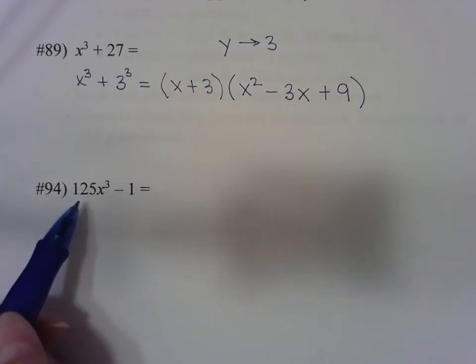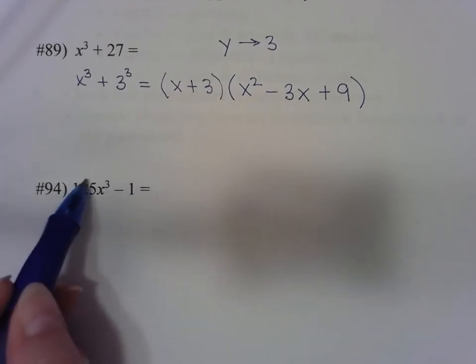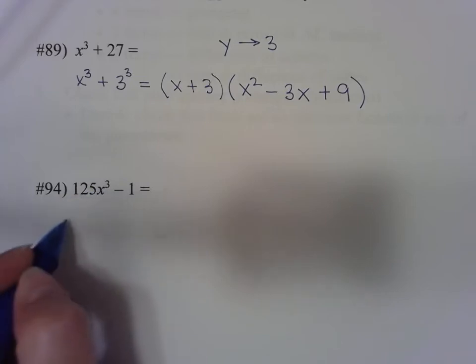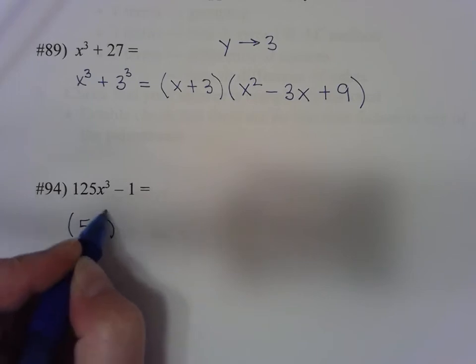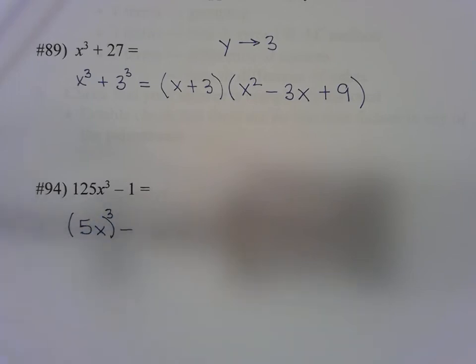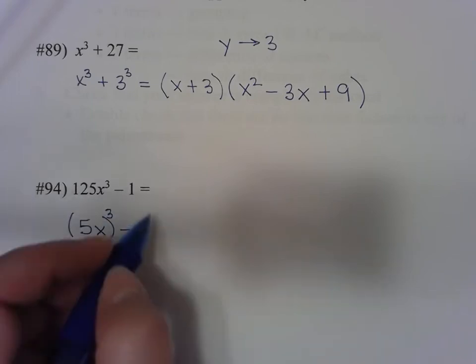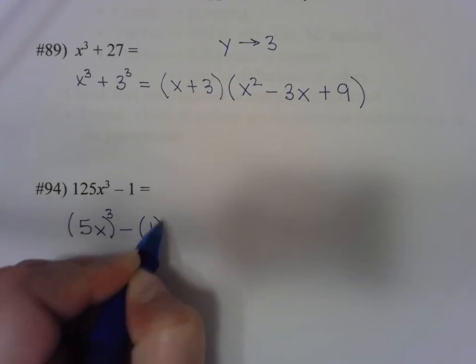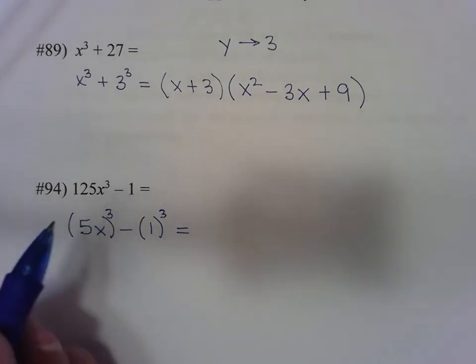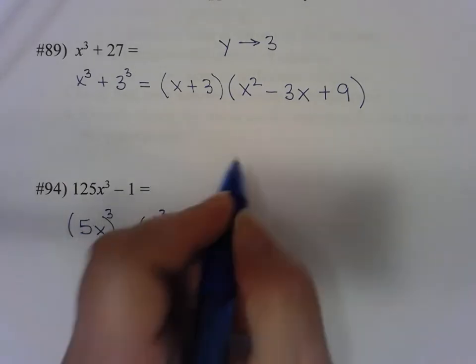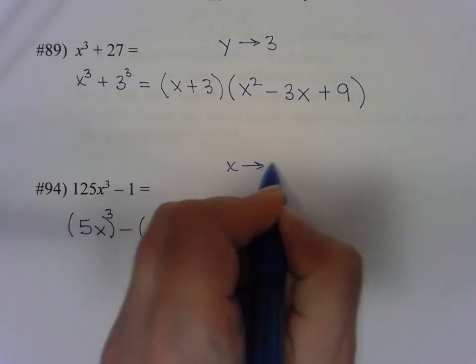All right, let's identify the perfect cubes. So this is the perfect cube of 5x. 1 is the perfect cube of itself. So I'm going to pull down the formula in a second, but instead of x, I'm going to be replacing the x with 5x.